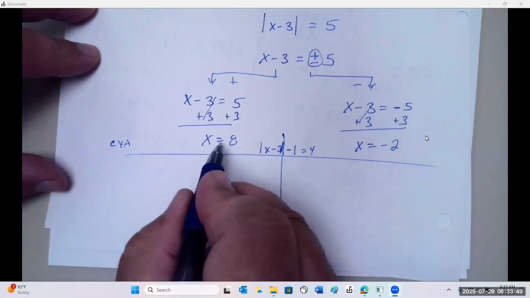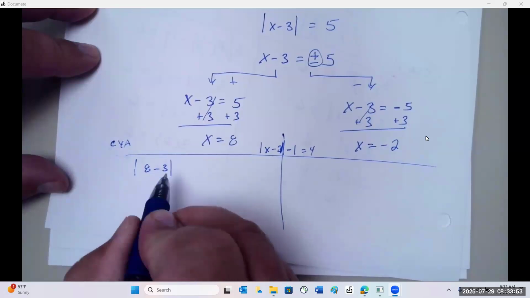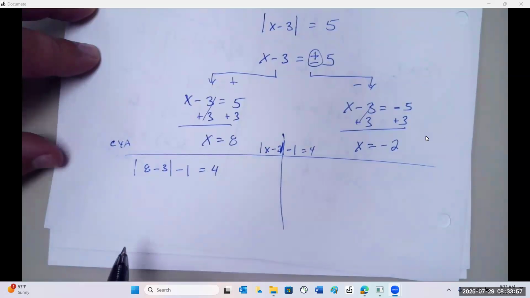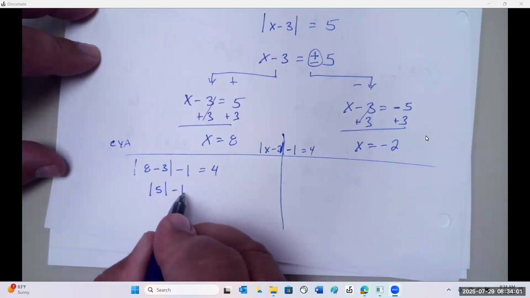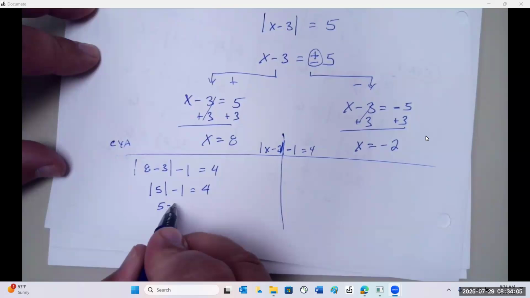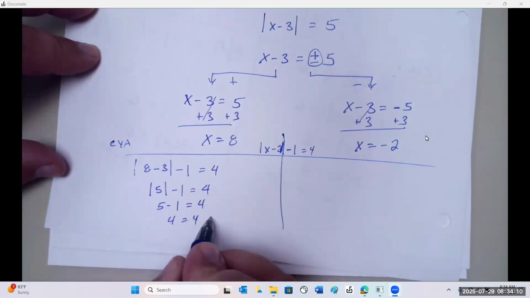So when x equals 8, we have the absolute value of 8 minus 3, minus 1 equals 4. 8 minus 3 is 5. Absolute value of 5 is 5. 5 minus 1 is 4. So that works.